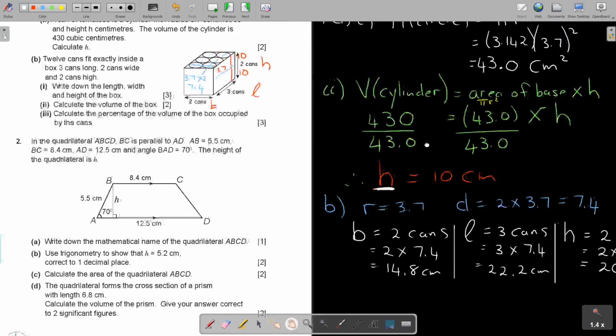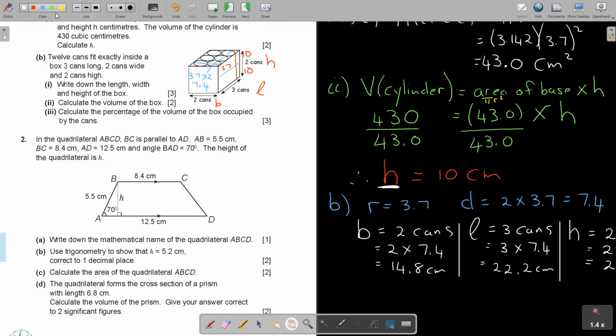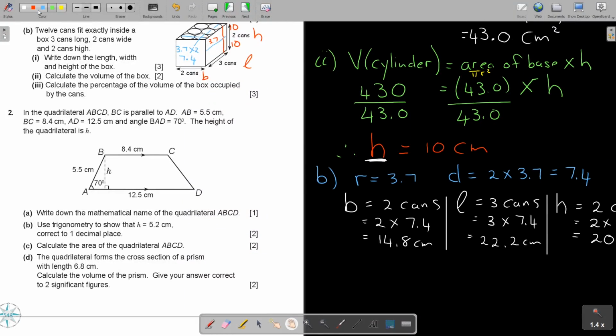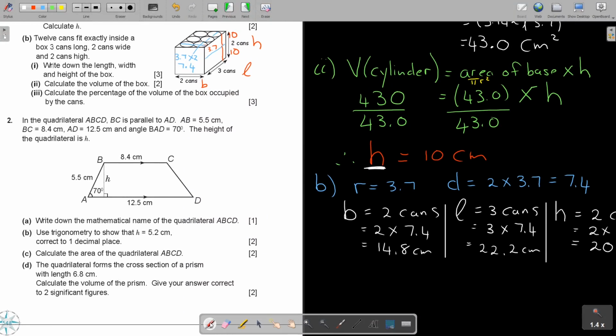And then calculate the volume of the box. Volume of the box, it's a rectangle, so it's length times breadth times height. And there's your breadth and your length and your height.